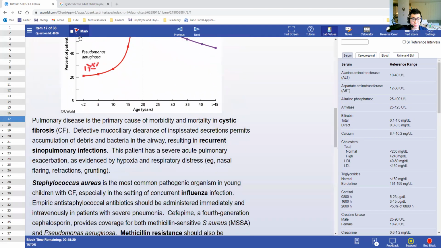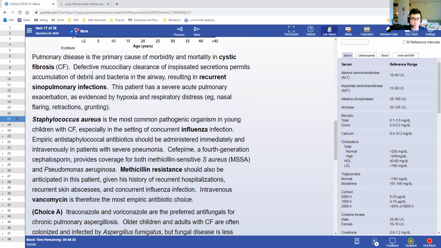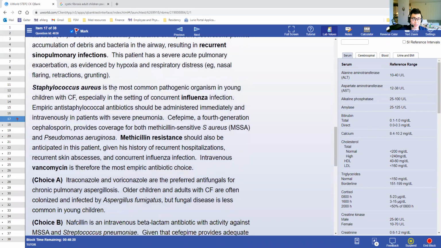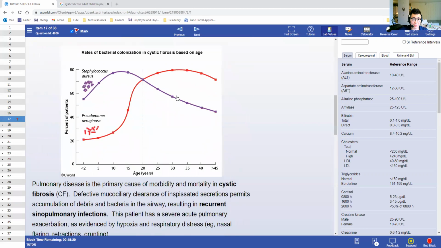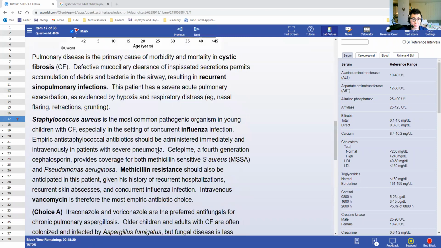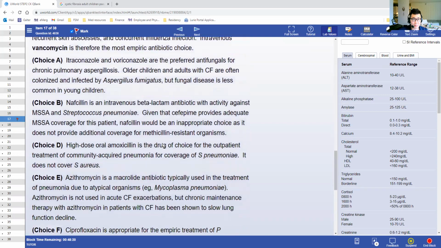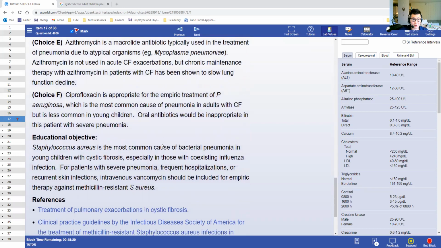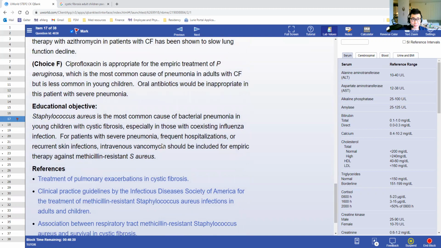All right, so this is one that I got right, but I missed a pretty important point, which is staph is most common in young children, whereas Pseudomonas is more common in adults. I wonder why that is. I guess one reason is children get sick a lot.